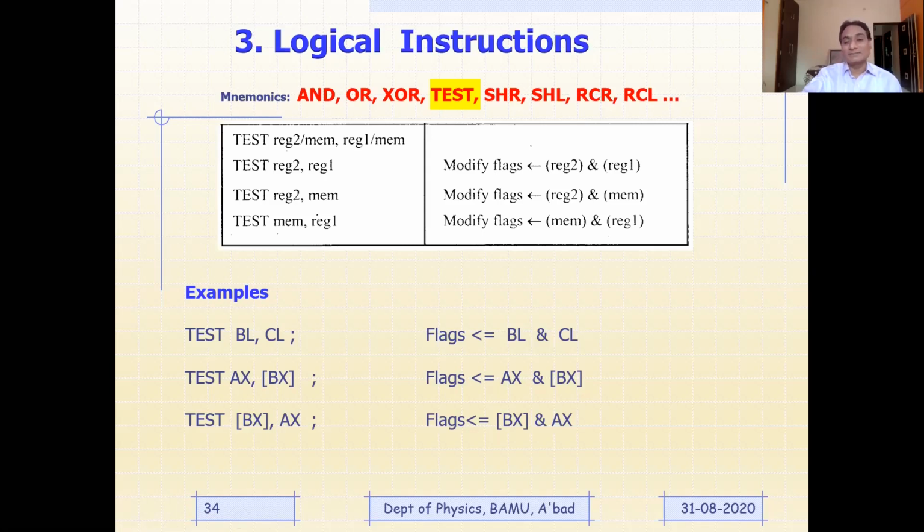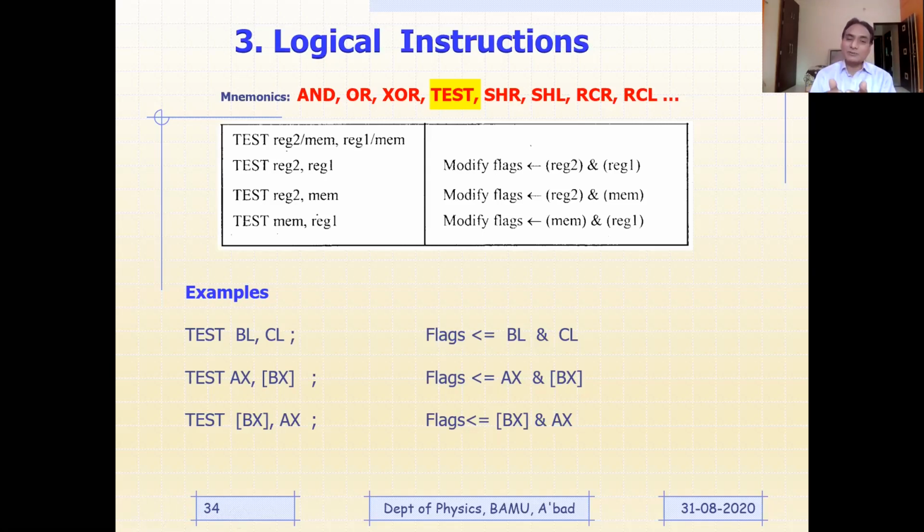In case of the AND instruction, flags are modified and the destination register is also updated. Whereas in case of TEST, only flags are going to be modified. And let me tell you, my friend, the destination register is not at all modified. This is the only difference.